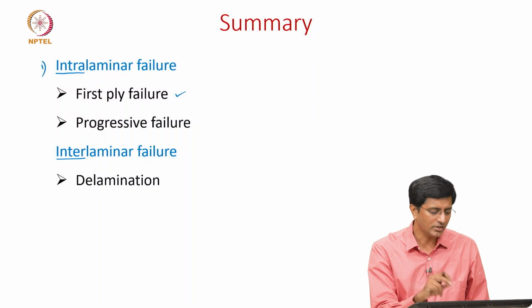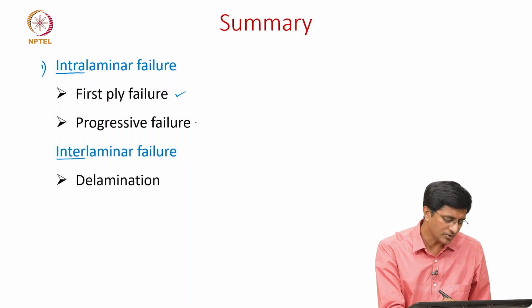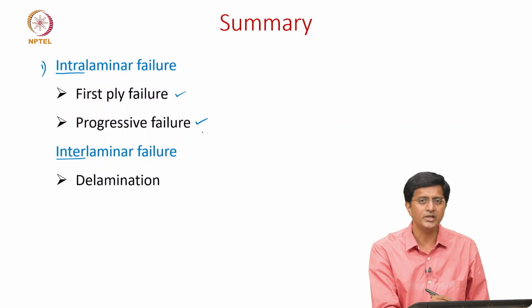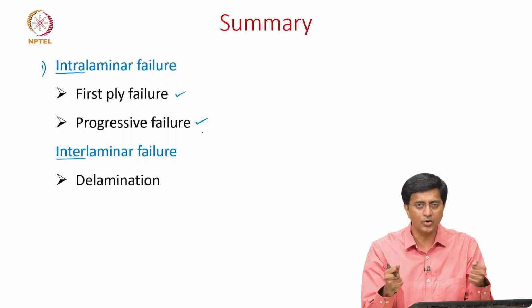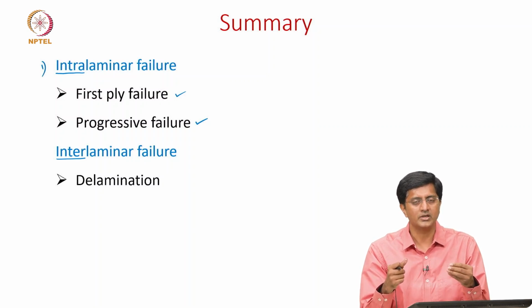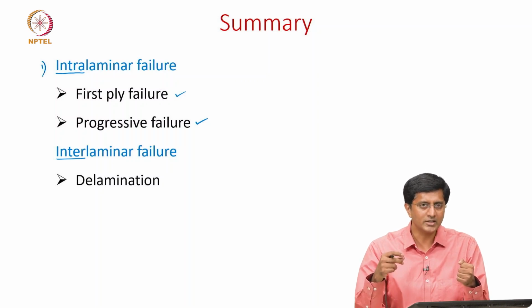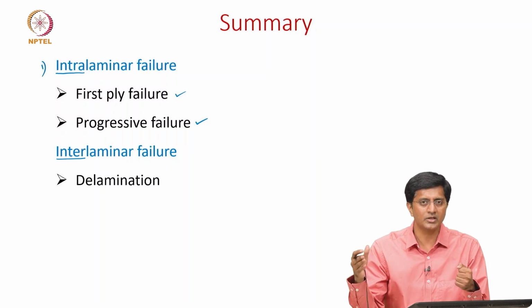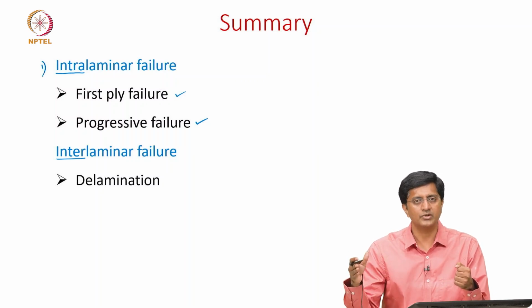How to identify that we have seen with a 7-step procedure. And later we also discussed progressive failure, meaning if we continue to load even after the first ply fails, will it take the load? We have discussed and shown that it does take higher loads, but then it takes higher loads until the second ply fails, and consequently it keeps on taking the loads until the majority of the plies fail.